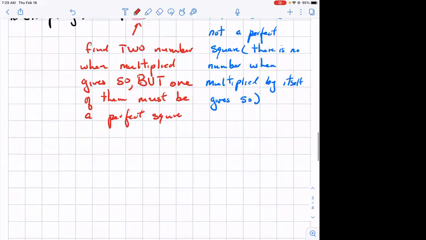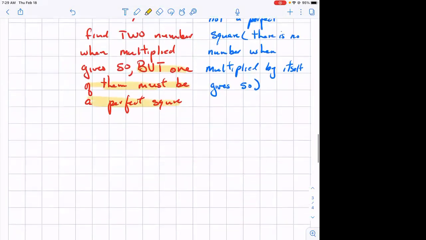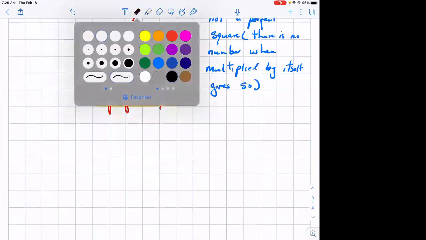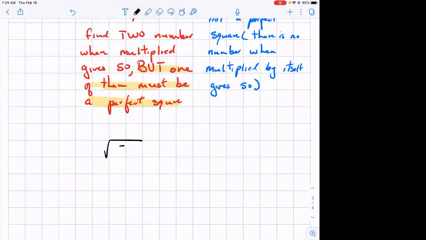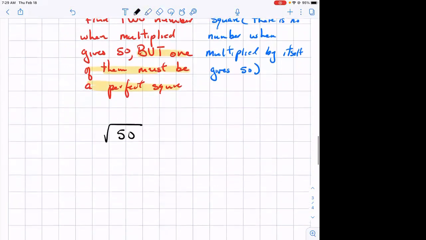Okay? Very important, very, very important. But one of them must be a perfect square. So let's look at what I'm saying here, right? We have the square root of 50. Well, the square root of 50, we can have the square root of 2 times 25.